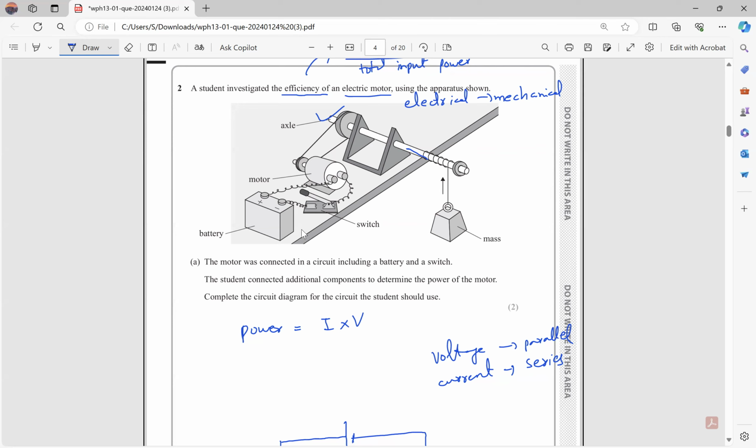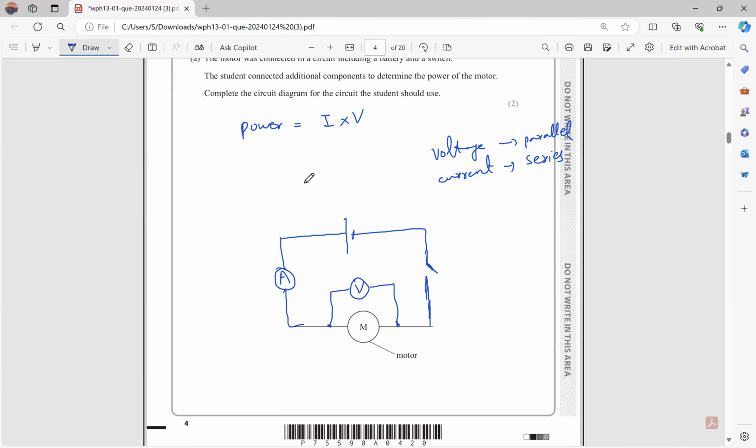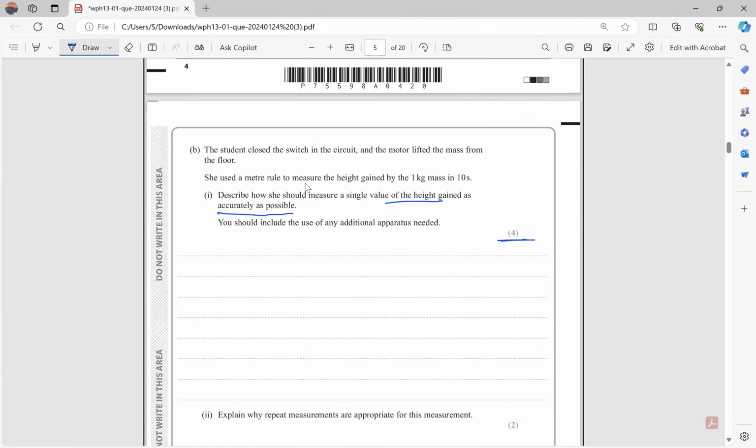If you make it slightly tilted while taking the measurement, you'll get a wrong measurement. So to make your measurement accurate, the meter rule must be placed straight. It should be vertical.